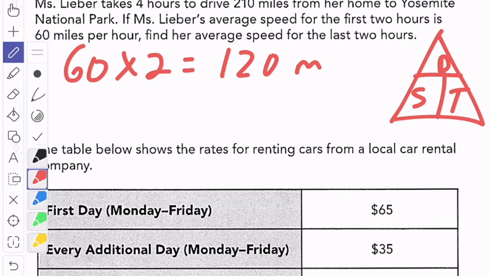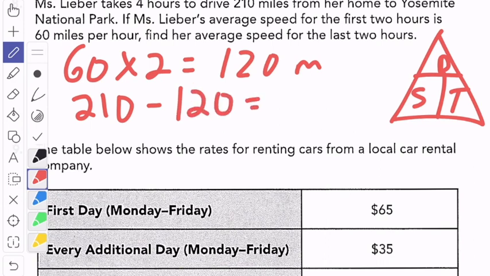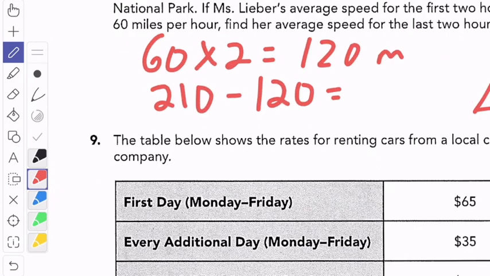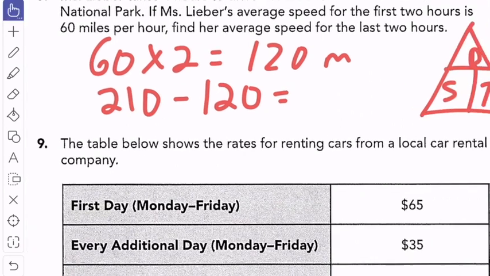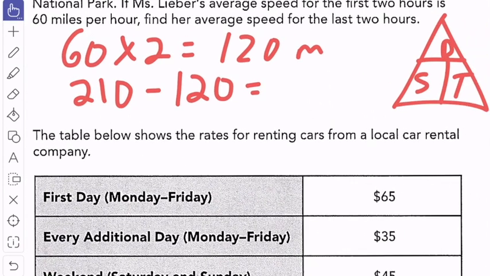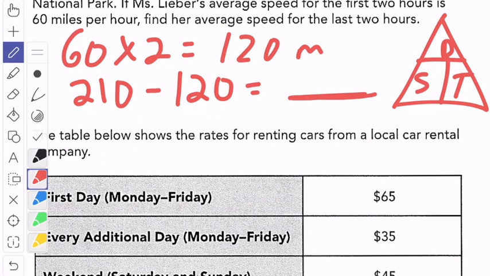Find her average speed for the last 2. So what we need to do is figure out how many miles is the last 2. If we started with 210, we have to subtract 120 for the first 2, and that will give us a total. We need to figure out what her speed is for the rest.